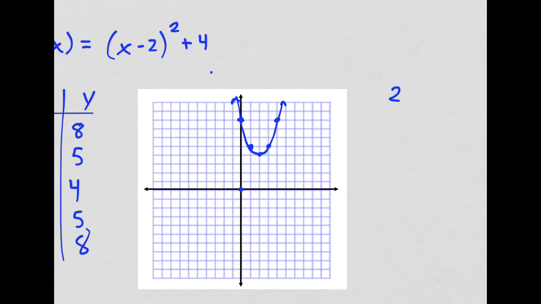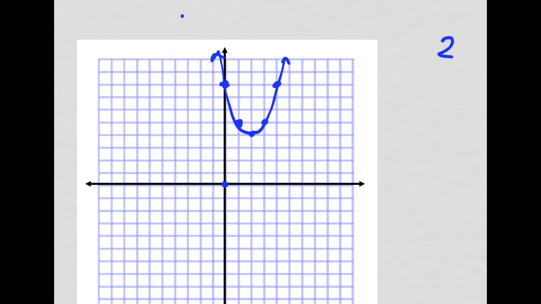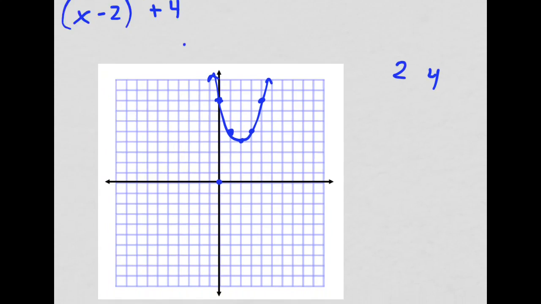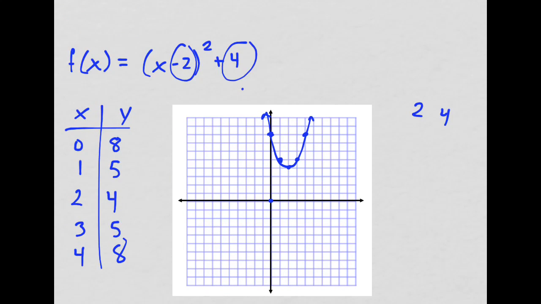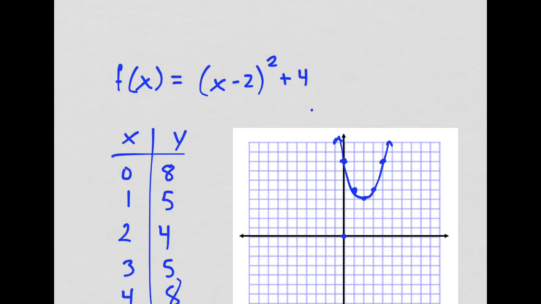That's interesting. And then how much would I have to move upwards to get to this vertex? Well, that would be 1, 2, 3, 4. That's interesting. 2 and 4. Those numbers are right here. Oh my goodness. It happens that if you have it in this form, you can just see what's happening.